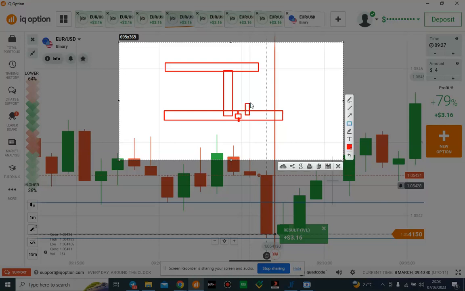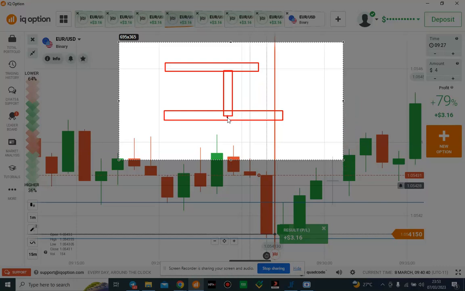We give up. So buyers will start buying. They have to form one small red candle in this box, but there's nothing like that. So the candle closes with a rejection.